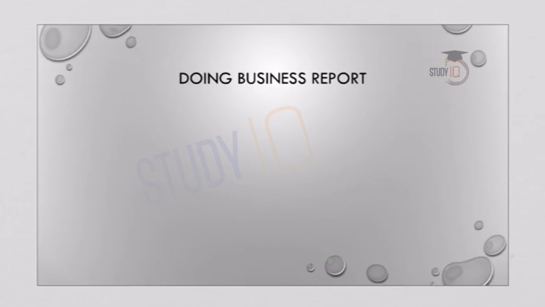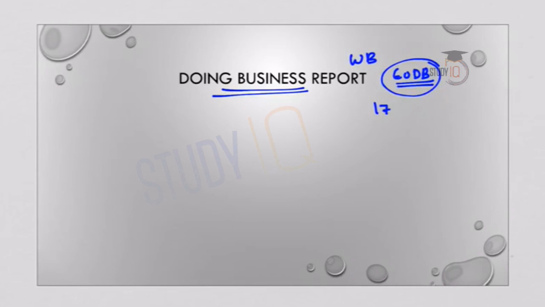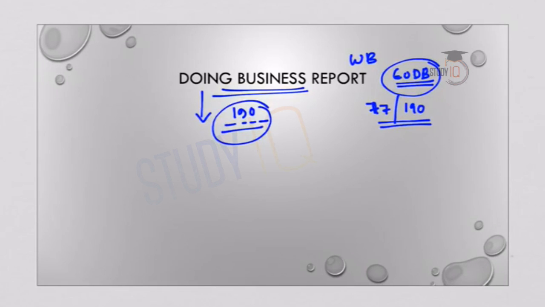The next one is the Doing Business Report, also called the Ease of Doing Business. It's popularly known as the Ease of Doing Business Report, and this is published by the World Bank. India has got a rank of 77 out of 190 countries, and in this Doing Business Report, the World Bank ranks 190 economies around the world on how easy it is to do business in that economy.